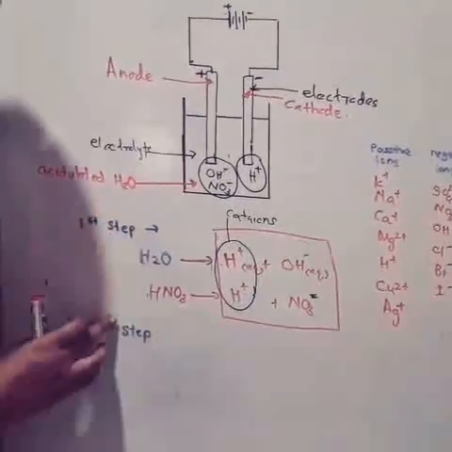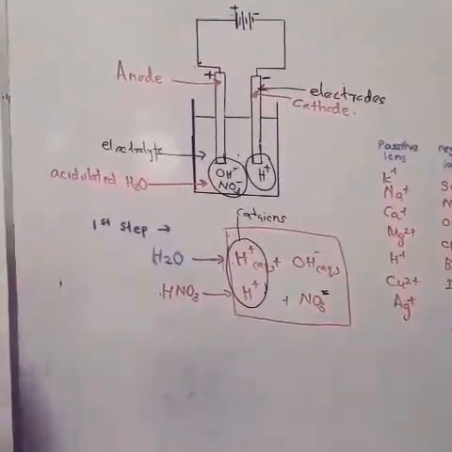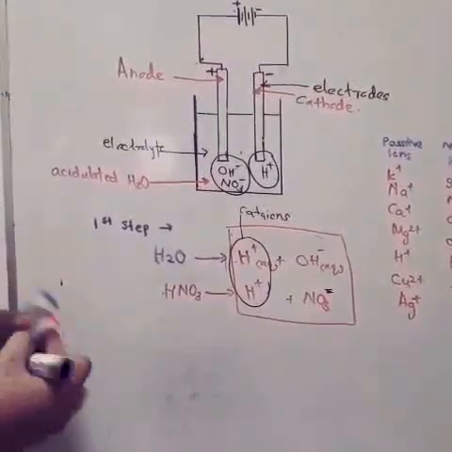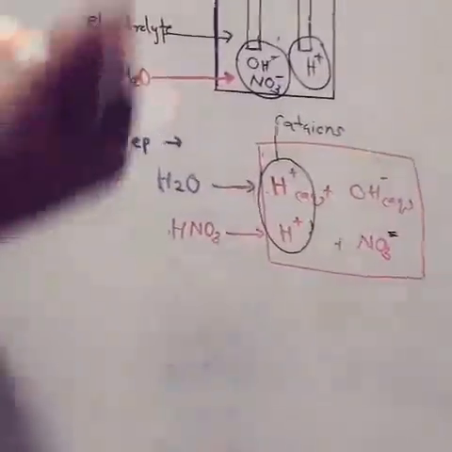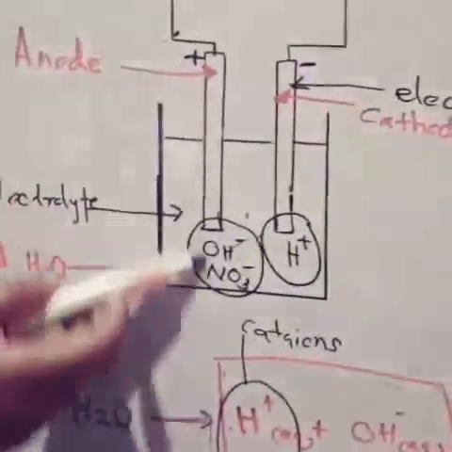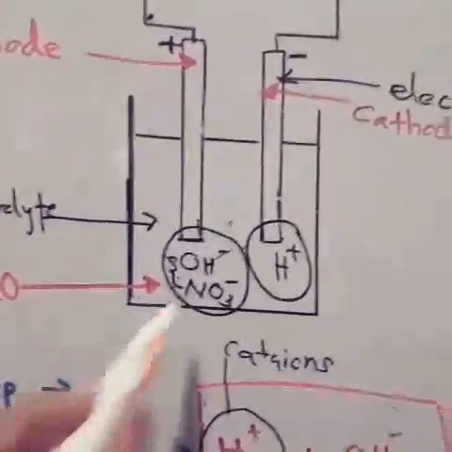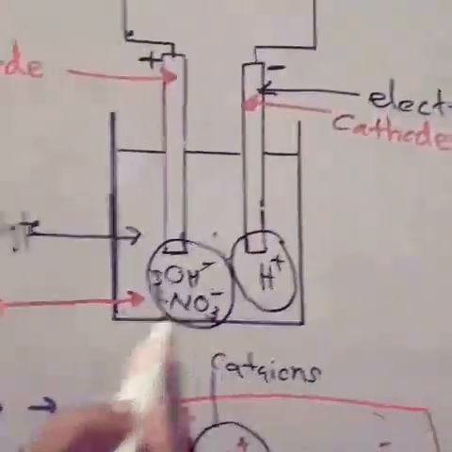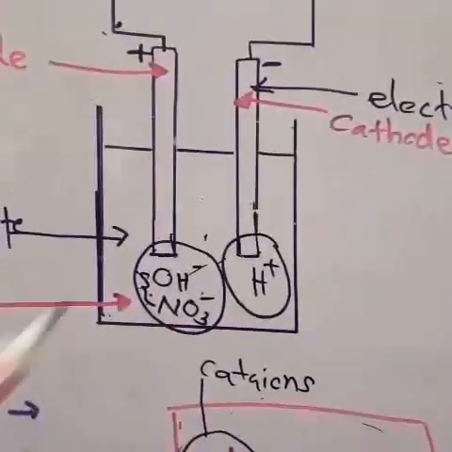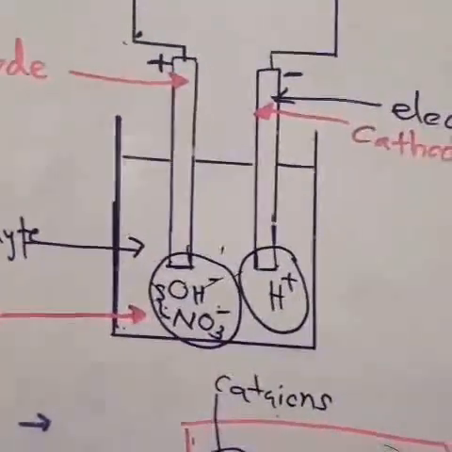The third step is identifying which ion is actually acting near the cathode and the anode. Look at this. Near the anode there are two kinds of ions, OH minus and nitrate. And near the cathode, luckily we have only one ion.